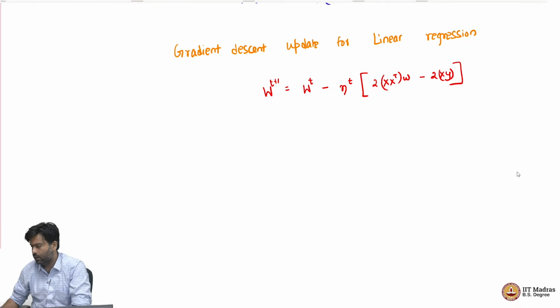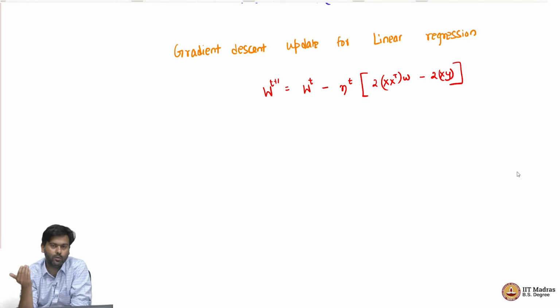Okay, so the good thing here is that there is no inverse computation happening. As you can see, w_{t+1} is w_t, the current w, minus some scalar times some quantity which does not require the inverse to be computed. So, we are not computing the inverse at all, yet we will converge to w star, which would have essentially computed the inverse and then done (XᵀX)⁻¹Xᵀy.